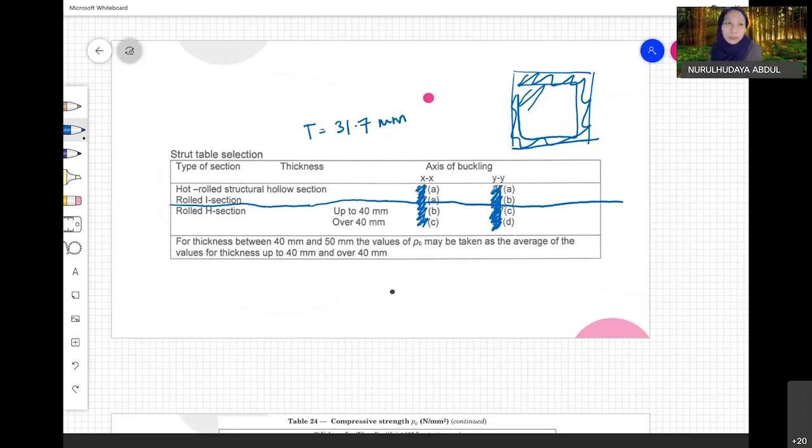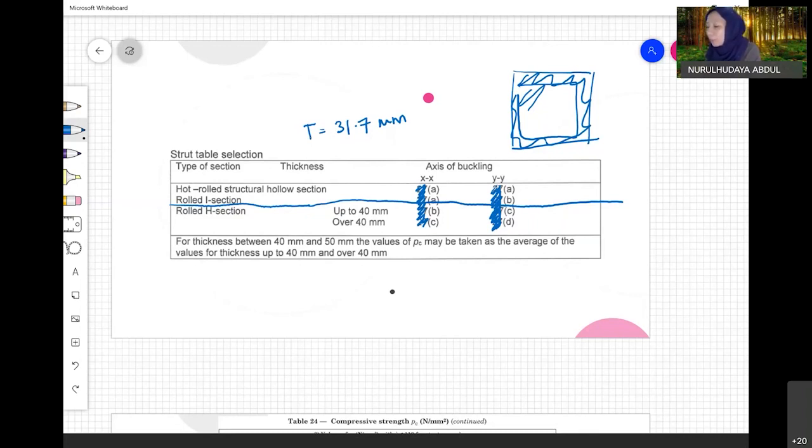So 31.7 mm is up to 40 mm sebab dia tak sampai 40 mm. 0 up until 40 adalah pakai XX curve B, YY curve C. Kalau over 40 macam soalan saya semalam, it should be curve C. Okay, sebab dia over 40 mm sebab dia 41 point something, I lupa berapa, 41.3 kah, and I minta for x-axis, so it should be curve C. So here we use curve B sebab T adalah 31.7 mm.